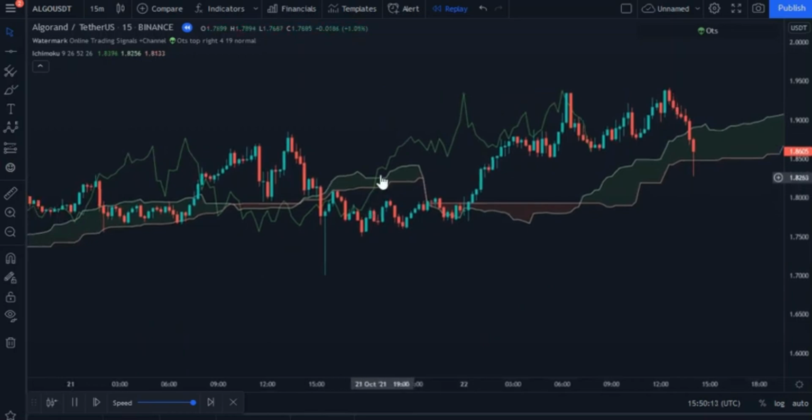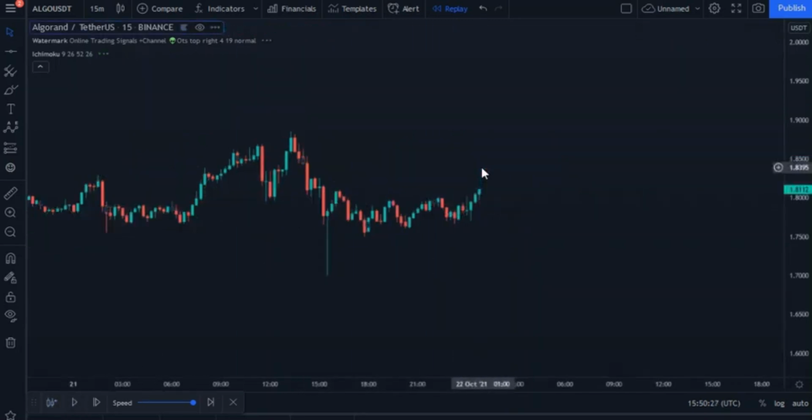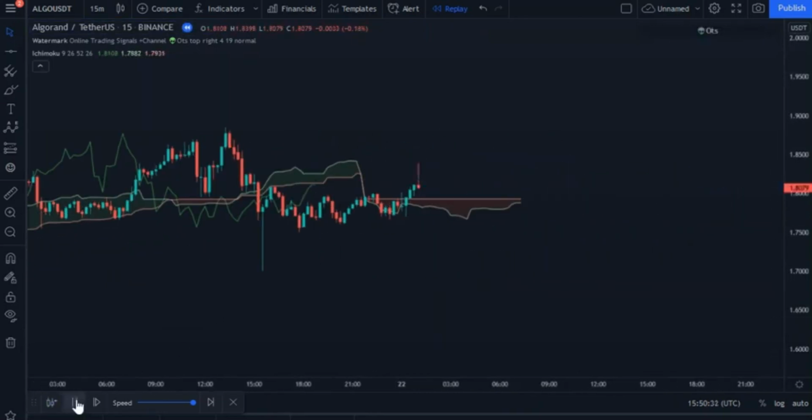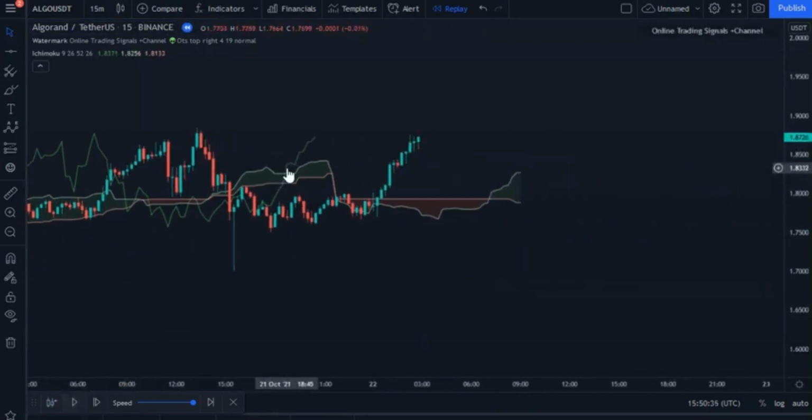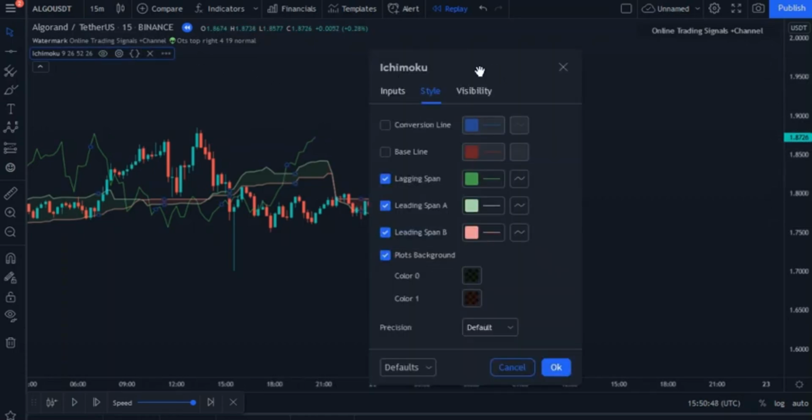And the entry point is when it crosses the cloud up. Let's make this point more clear. Let's say it crossed the cloud here, in this case, our entry point will be here. Well, now let's use this indicator completely and see some examples.